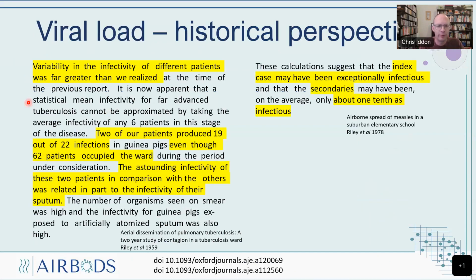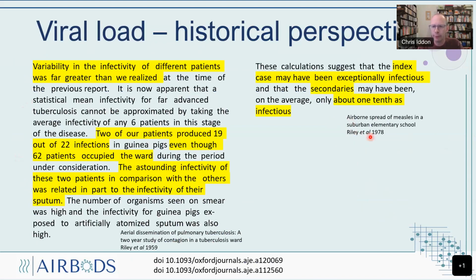The astounding infectivity of these 2 patients in comparison with the others was related in part to the infectivity of their sputum.